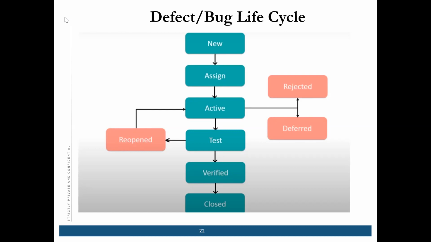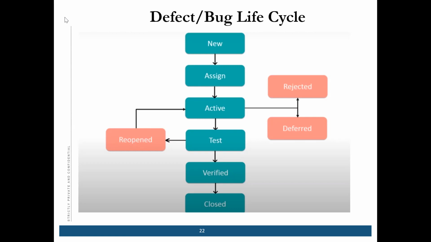We have to track each and every defect: how we raise a defect, whom we assign it to, when it should be fixed, when it should be retested, when it should be reopened. All these things we need to understand, as these are the different stages of a defect.